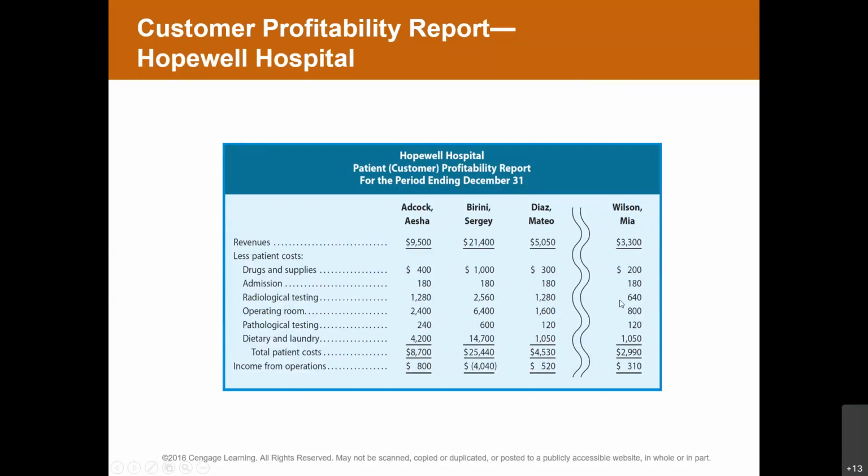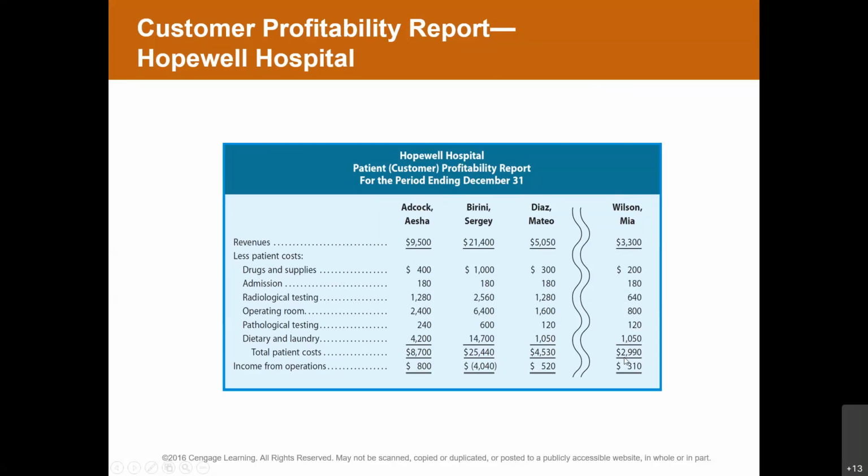We performed radiology tests. The images, we got $640 there for 2 images. The operating room, she was there for 4 hours, so $800 there. The pathology testing, 1 test, $120. She spent 7 days in the hospital. Food and laundry for the linens was $1,050.